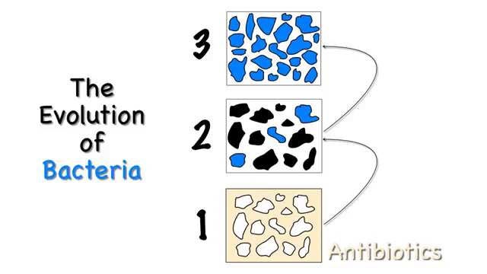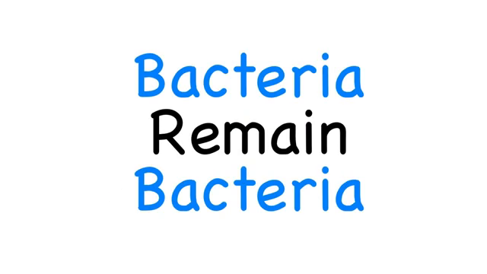So what have we seen here? Well, we started in box 1 with one kind of bacteria and ended up in box 3 with a different kind of bacteria. They have changed, or as some put it, the bacteria have evolved. And you know what? They're right. The bacteria have evolved. A change took place. But, and this is very, very important for you to understand, even though the changes took place, the bacteria remain bacteria.